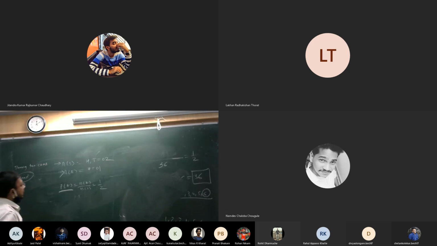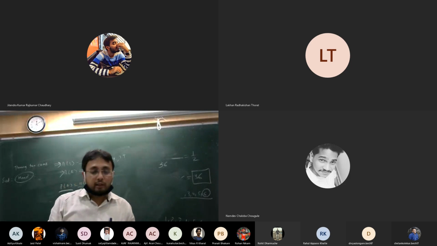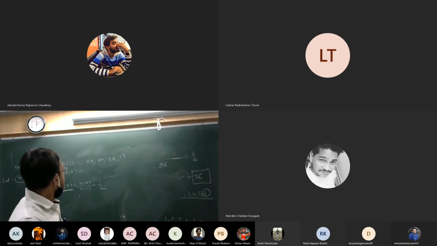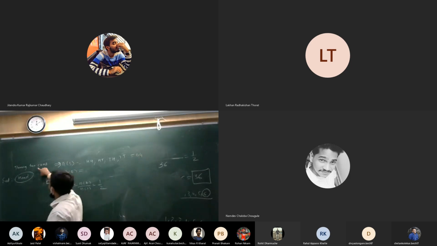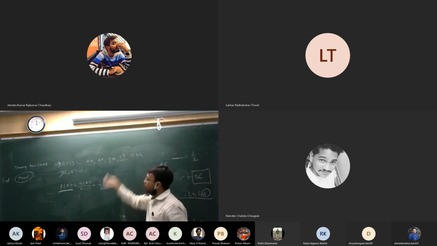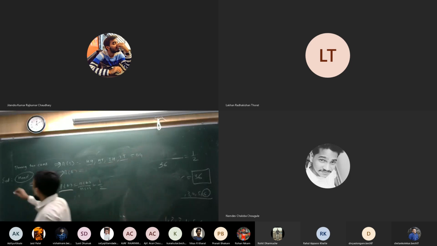If 2 coins are thrown, it could be head head, head tail, then tail head, and tail tail. So the number of possibilities would be 4. Is it okay? If I throw 2 coins, then all possibilities from that event would be 4. And the event given, what is the probability they ask?